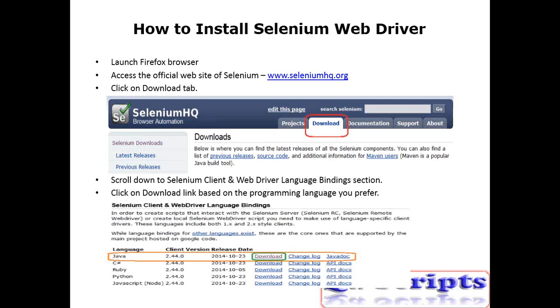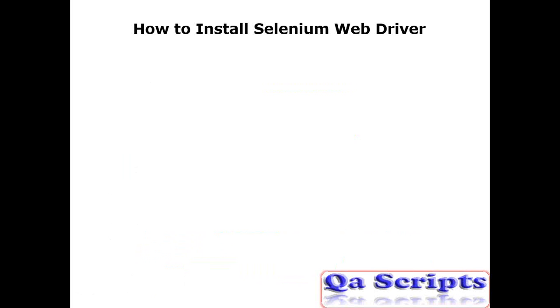For example, if you want to download the Java APIs of WebDriver, you can click on the download link present in the row of Java. Here it shows the version, that is 2.44.0, and this version will change once every 2 months or once every 6 months based upon new releases.